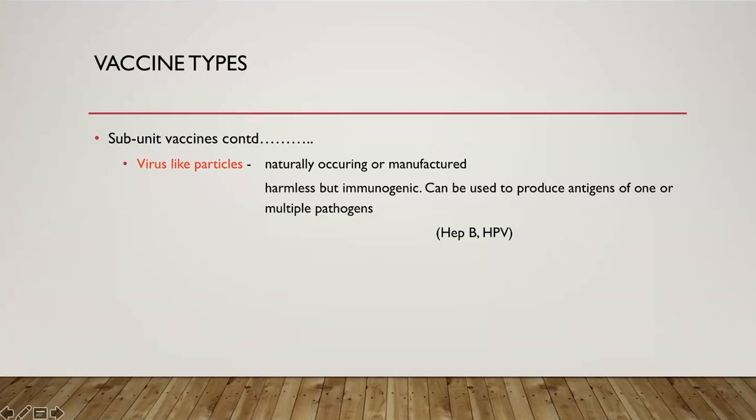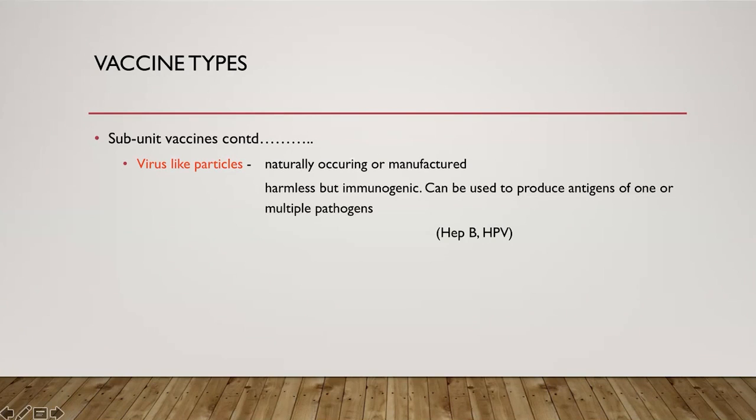Then, subunit vaccines continued. You have another type of vaccine using virus-like particles. We call them VLP. These virus-like particles either occur naturally or they can be commercially manufactured. And these particles are completely harmless, but they are immunogenic. So you can use them to produce antigens of either one or multiple pathogens.